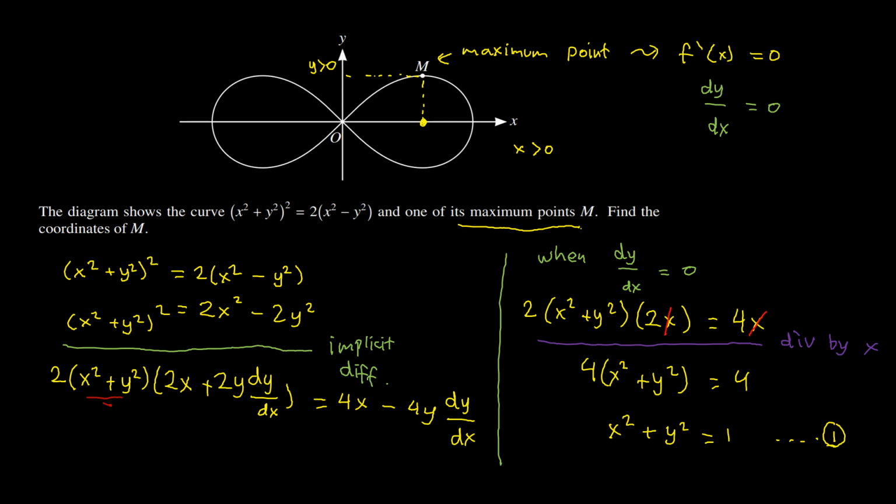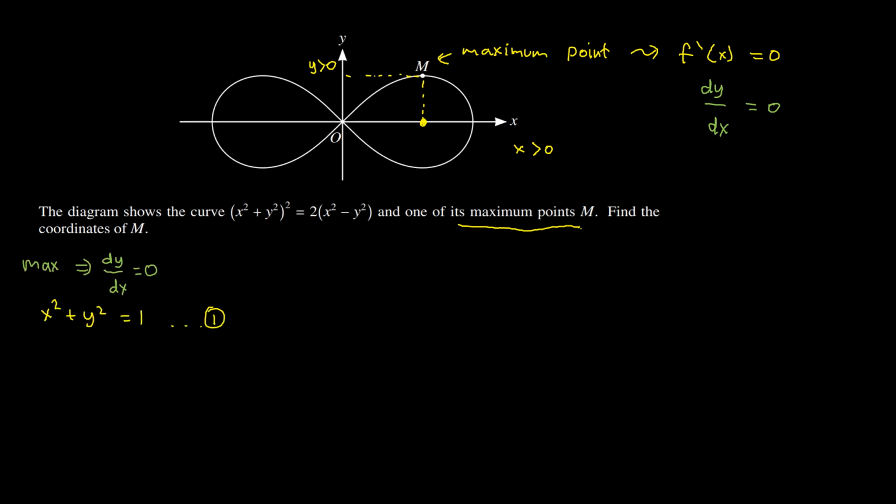Let's copy what is necessary and continue to the next slide. Okay, so far we got that when the function is maximum, dy over dx will be 0, and from here we get x squared plus y squared is equal to 1. So what can we do here? We can substitute this back to the original equation. So what happens when x squared plus y squared is substituted back? So if we take a look here, this is exactly x squared plus y squared.